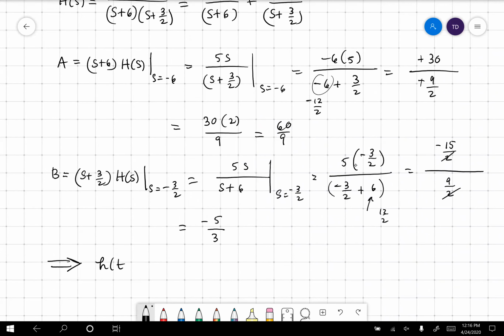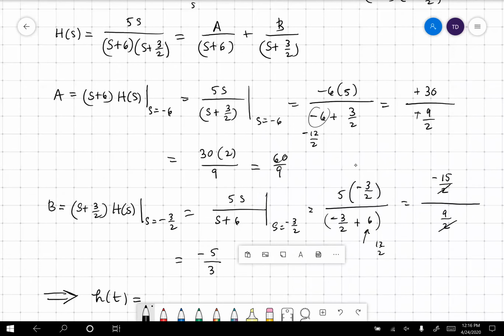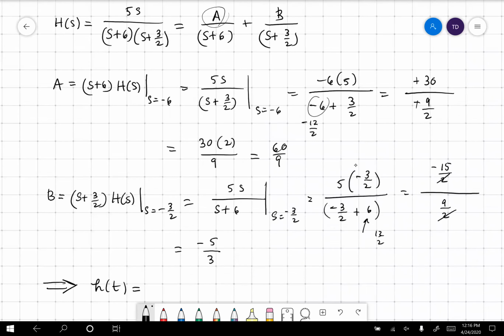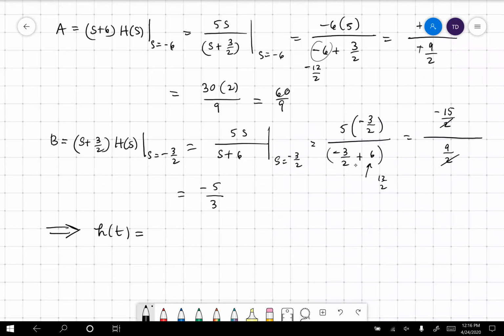Therefore, H of t equals, well, let's see. Just looking at my numbers, I have 60/9. That's A. So 60/9 e to the minus 6t minus 5/3 e to the minus 3 halves t.